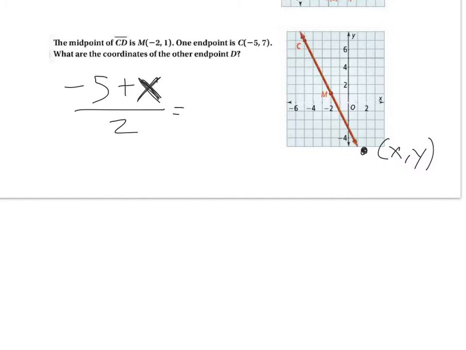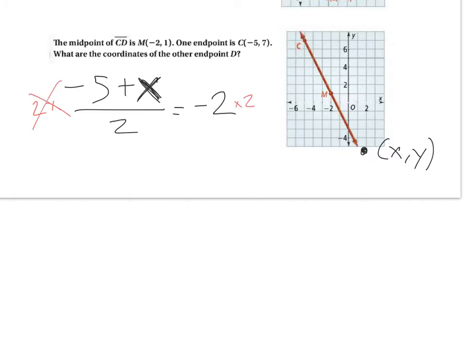In this case, I just don't know what the second x value is, but I do know the x value of the midpoint, and that was -2. So I've put the pieces of what I know into the right spot, and now I have to work backwards and solve that. Algebraically, I want to get rid of that 2 in the denominator, so I multiply this side by 2, which means I multiply this side by 2.